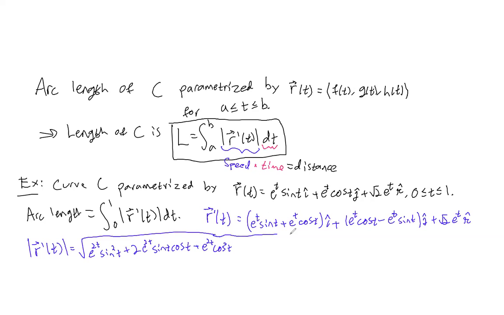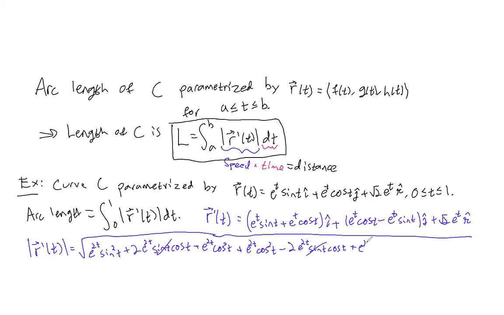That's the first square term. It's still got a ways to go with this big honkin' square root. Same story, plus e to the 2t cosine squared t minus 2e to the 2t sine t cosine t. And that's good news because that's going to cancel now.